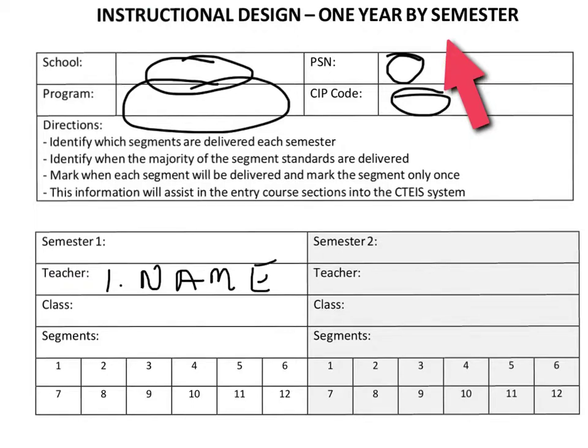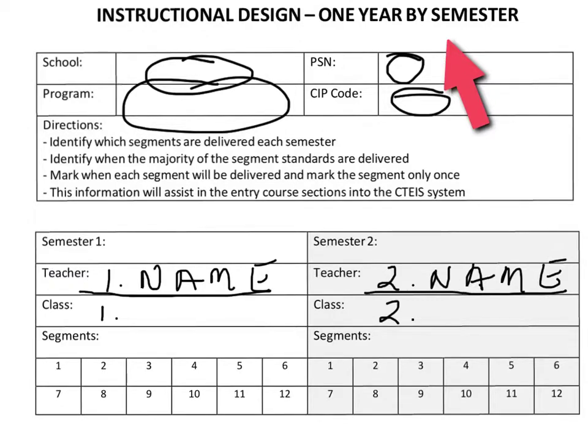But second semester, there's a different teacher who teaches, and we're going to put her name here. If you have 3 or 4 teachers that are teaching, put all of their names in these places. Then you're going to put the class name right here and right here for second semester.